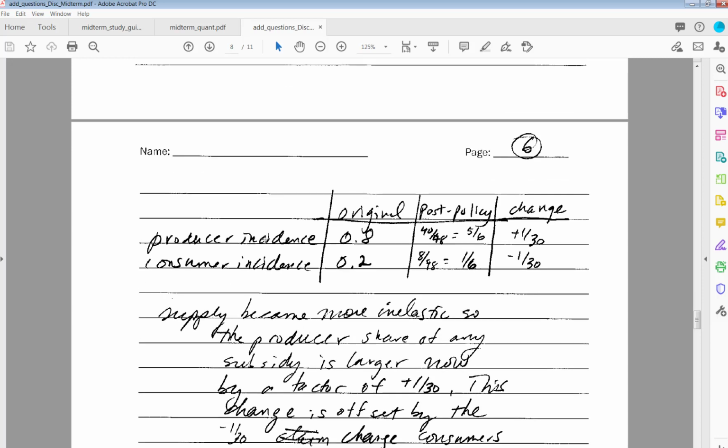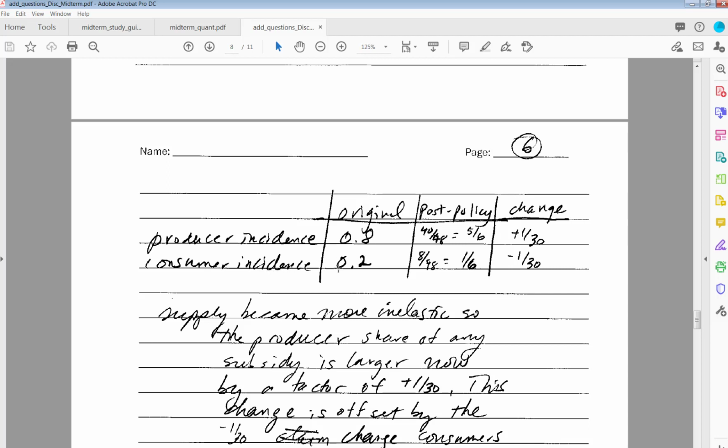We can say that the producer incidence for the original case was 40 over 50, 0.8 for producers, and for consumers it was 10 over 50, 0.2. After this new regulation that makes supply more inelastic, the producer incidence changed from 40 over 50 to 40 over 48, and that comes out to be 5/6, roughly 83.3%.